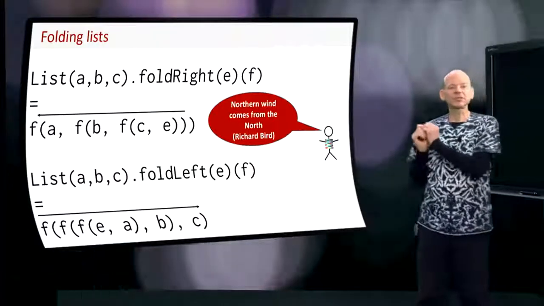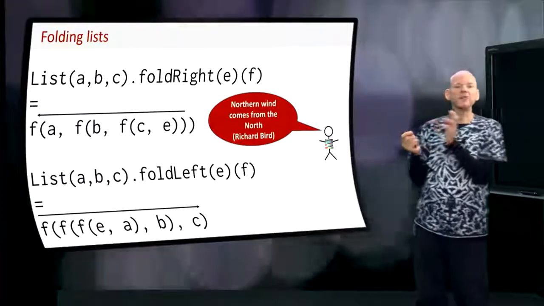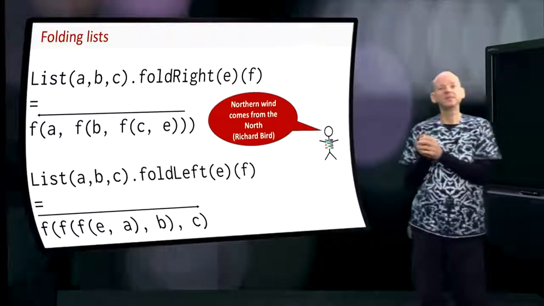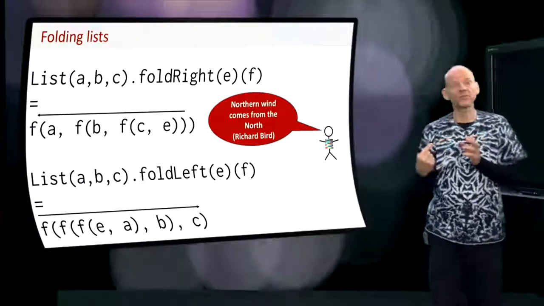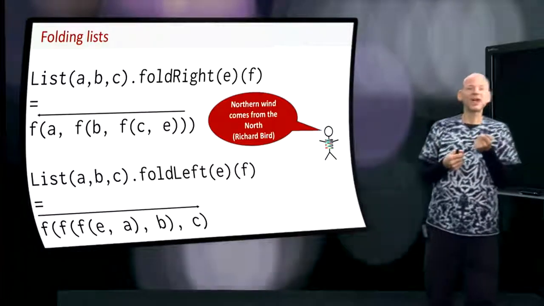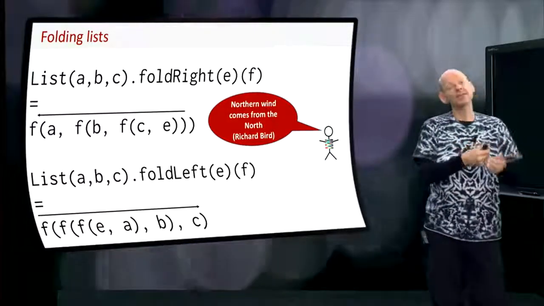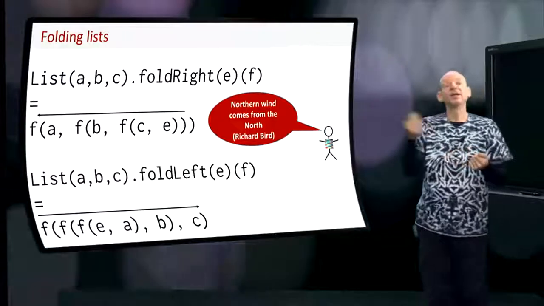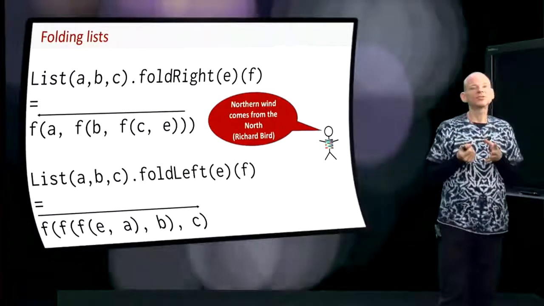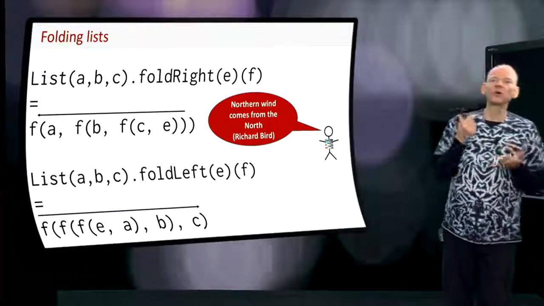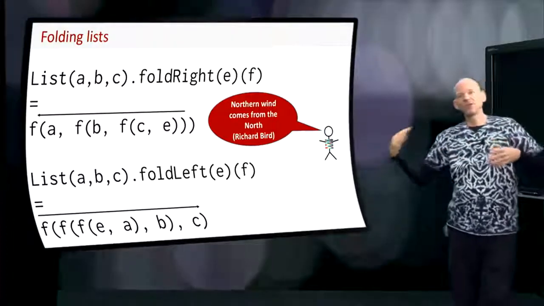It starts at the right side of the list, takes e and applies f to c and e. Then it goes one step to the left and applies f to b and the result of c and e. And finally it applies f to a and the result of folding from the right. So it's easy to remember. It's just like the northern wind blows from the north: foldRight folds from the right.